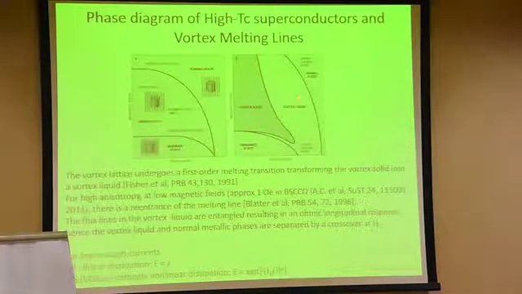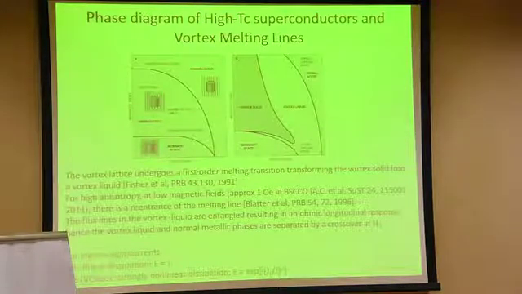So, for example, if we move from the vortex liquid phase, let's say what is the vortex liquid phase and what is the vortex solid. Because we are talking now about high temperature superconductors, in this case we do have quite serious thermal energy because the Boltzmann constant times temperature is quite large.